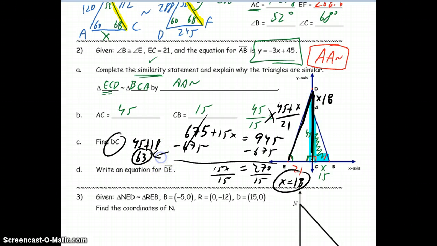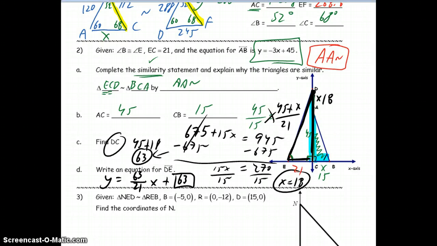So what did we get? 63? Yeah. So we're trying to do y equals mx plus b, right? So the slope here on the first part is 63, and then the y-intercept is about 63. So there you go. Alright?